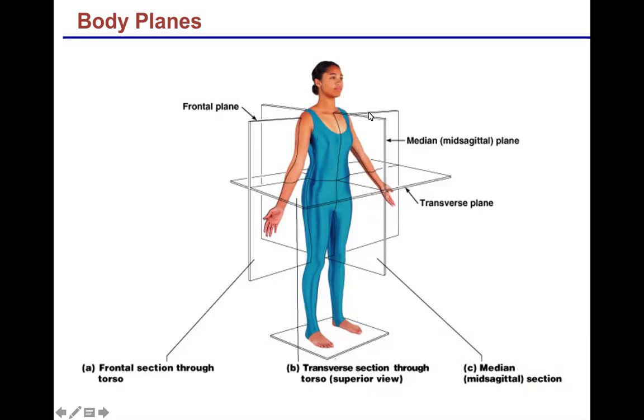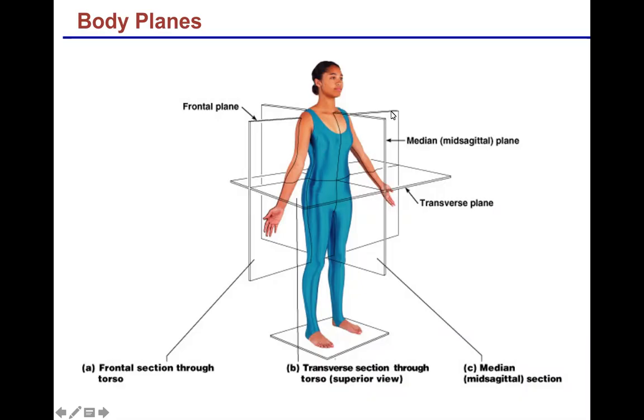Now, this plane doesn't need to always pass through the midline. If you divide the body into unequal halves, that does not make the body into two equal halves, then the plane is known as the parasagittal plane. So you are dividing the body into left and right, but they are not equal.